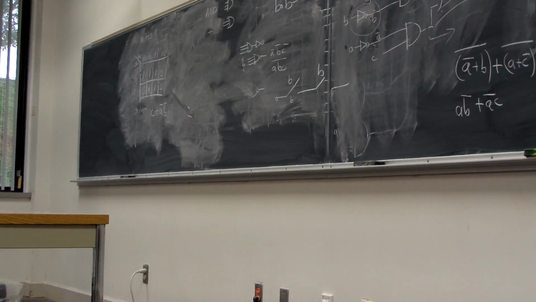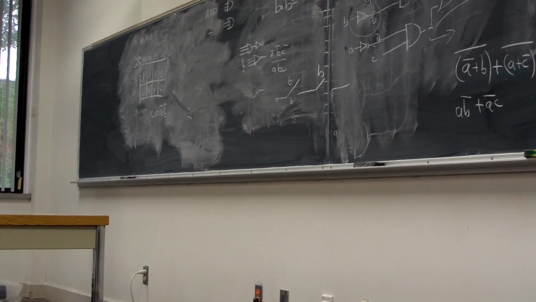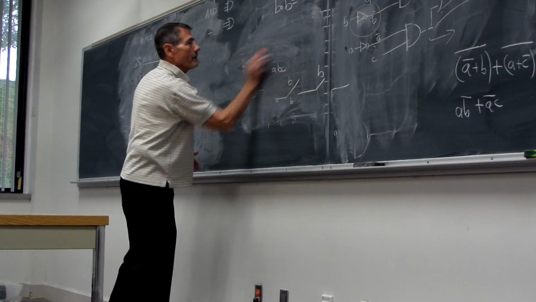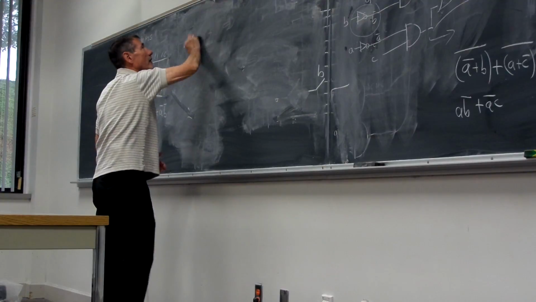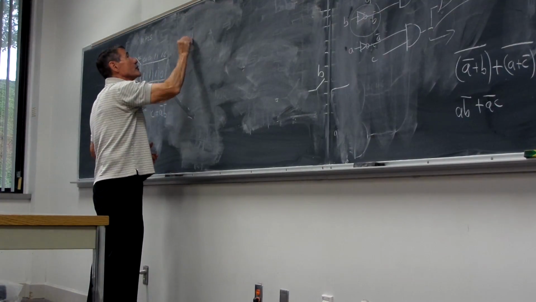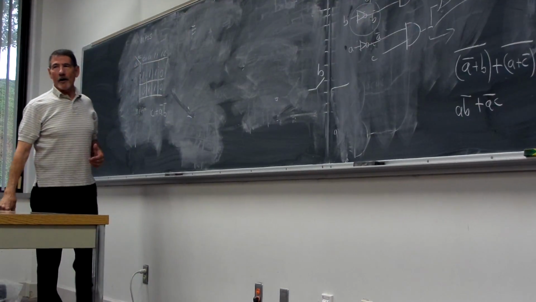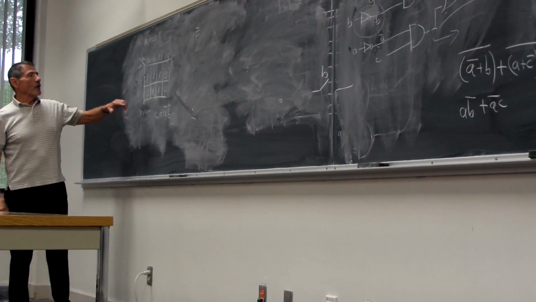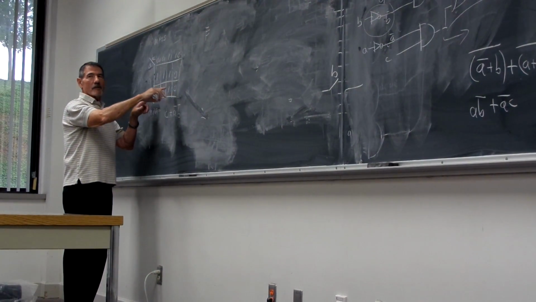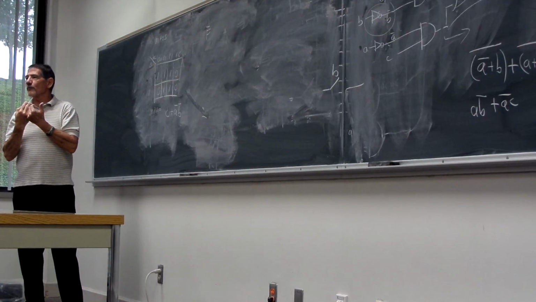Now, to cover this thing in a product of sums, what I do is I cover the zeros and then negate this thing. So I'm really covering F bar here. Can I put the zeros into groups?